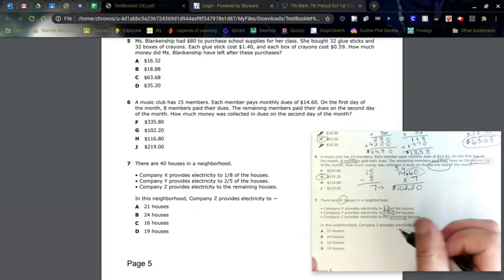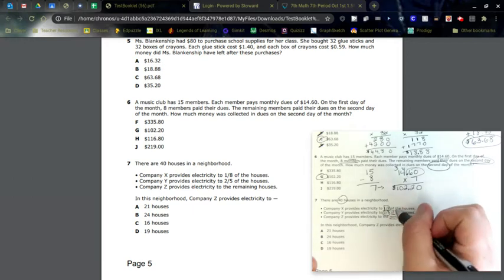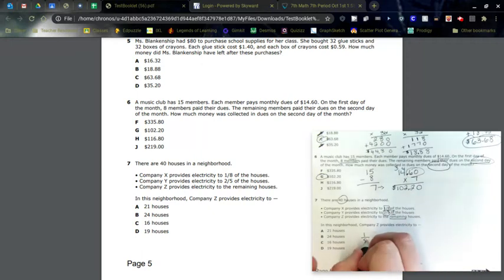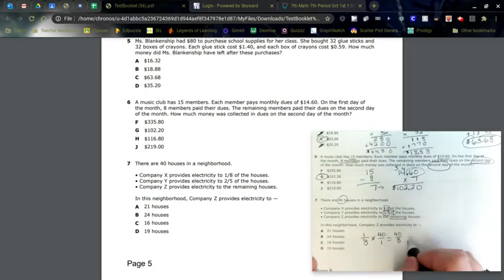That's what this one is all about, because we have these fractions and it's the of. That of means we multiply. So we're going to do 1/8 times 40. Okay, which is 40 over 8. So 40 divided by 8 is 5. So that's 5 houses. Okay, 2/5 times 40, so the same thing.